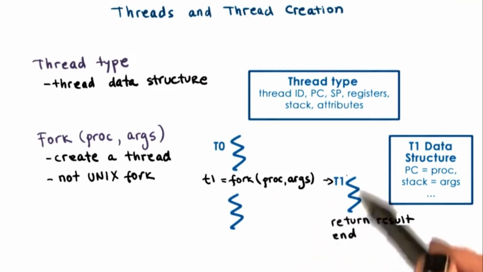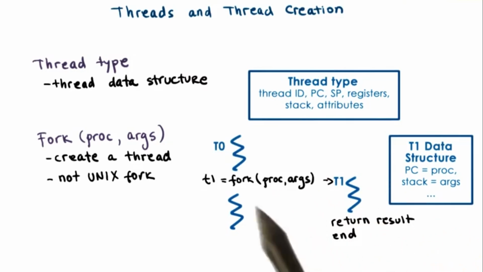So what happens when T1 finishes? Let's say it computed some result as a result of proc, and now somehow it needs to return that result, or it may be just some status of the computation, like success or error.